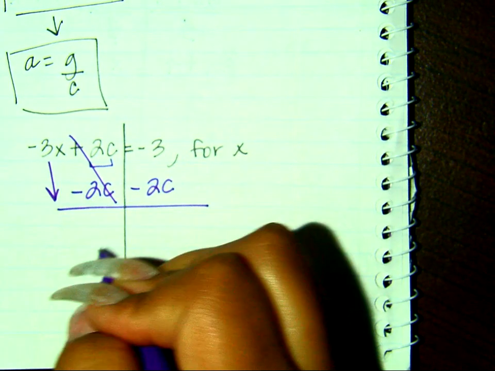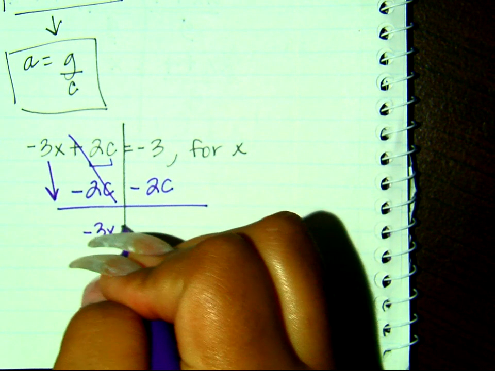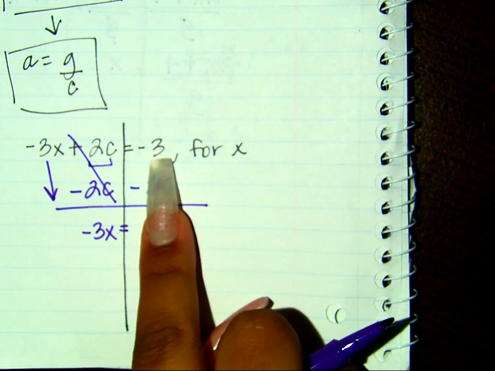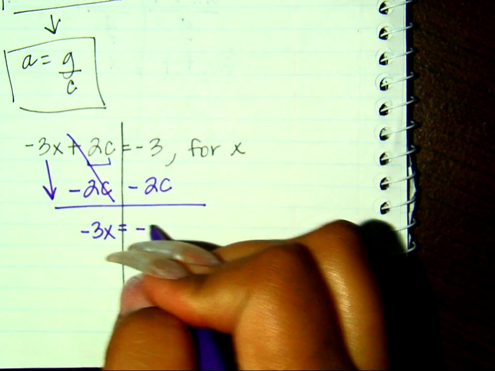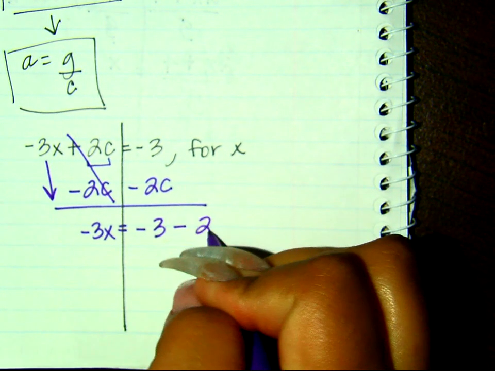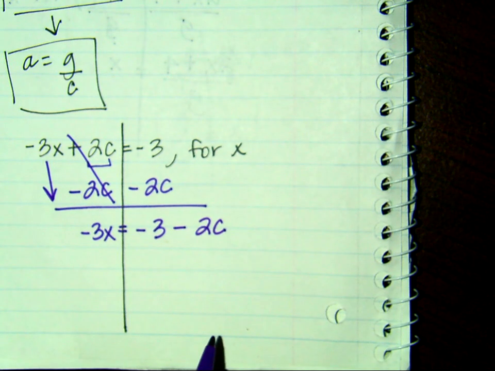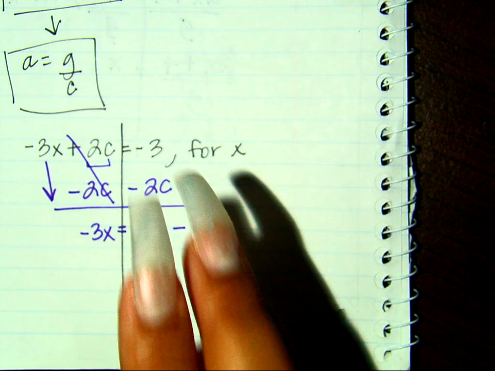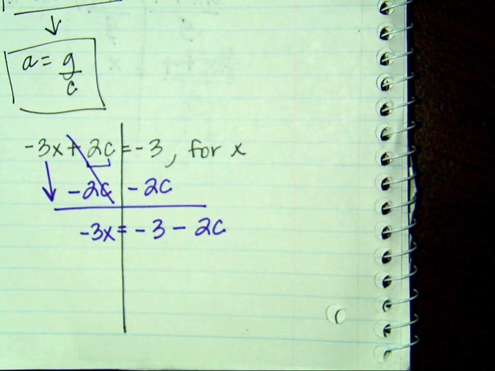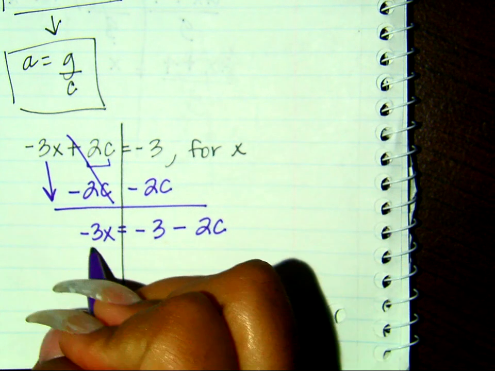and bring down my negative 3x equals. Now this reads negative 3 minus 2c, so I'm going to rewrite it just how I see it here. Alright, and then I am going to further try to get x by itself, and what I have to do to make that happen is divide both sides by a negative 3.